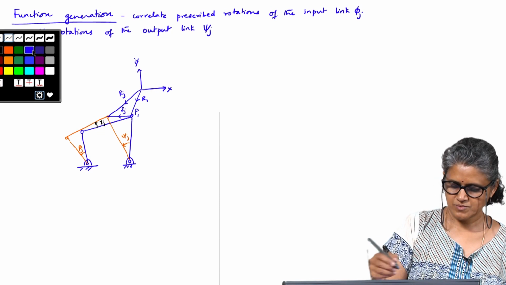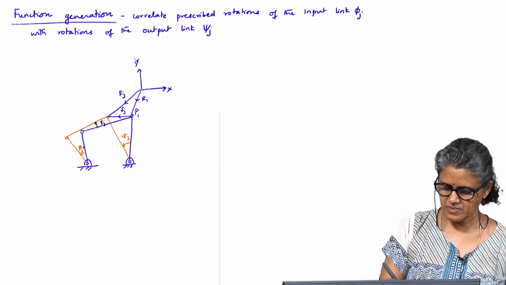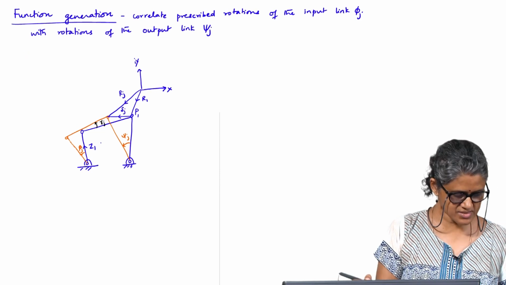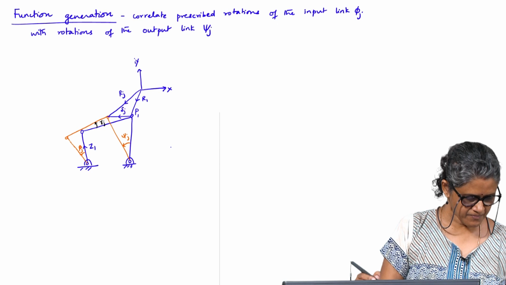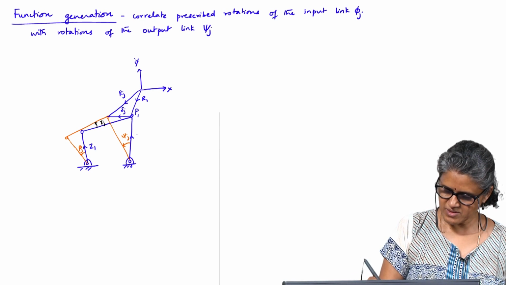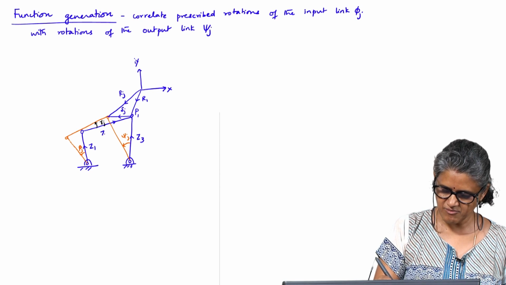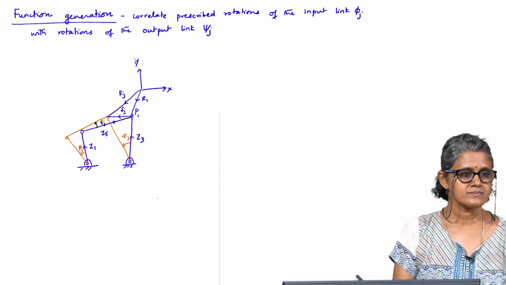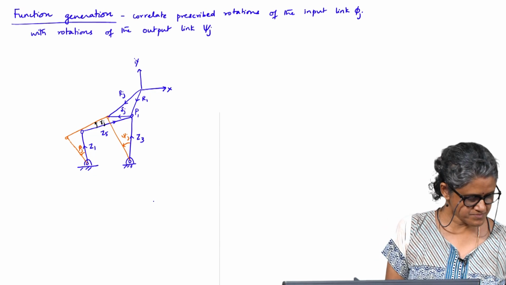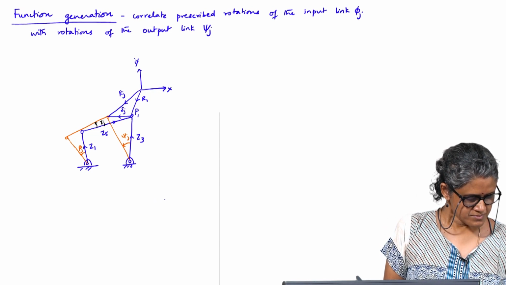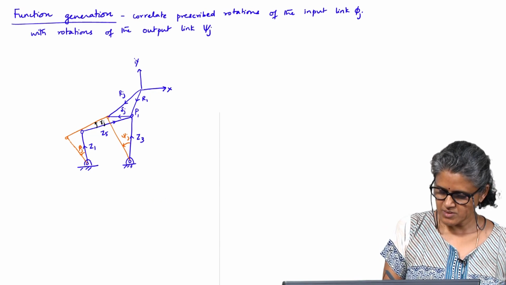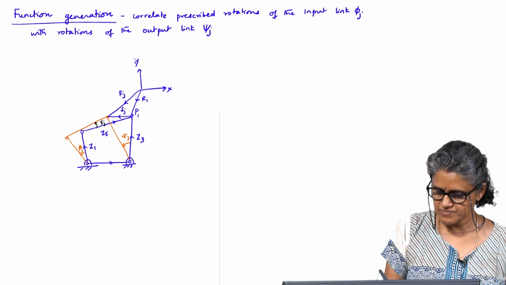So, if I take this as Z1, take this as Z3, and in my original thing this was Z5. Okay. And this fixed link is Z6.